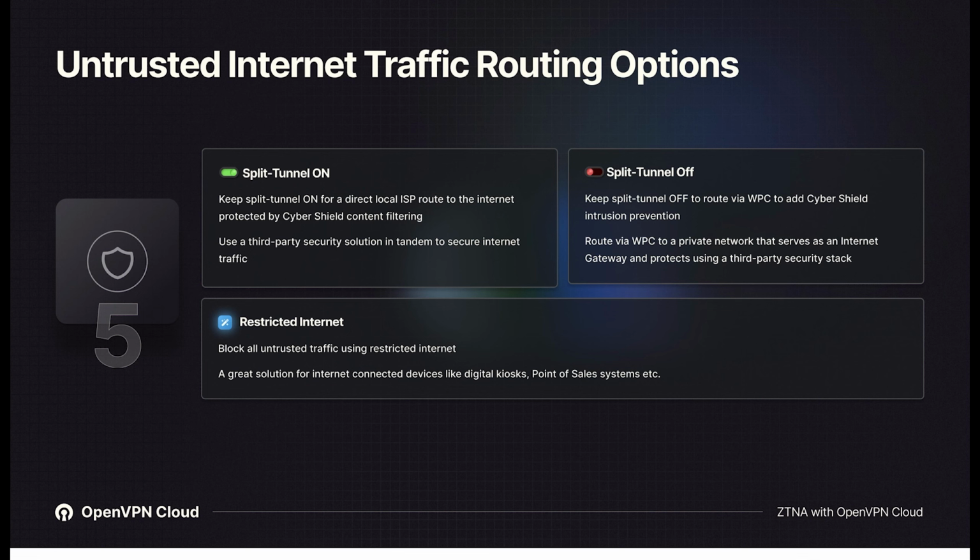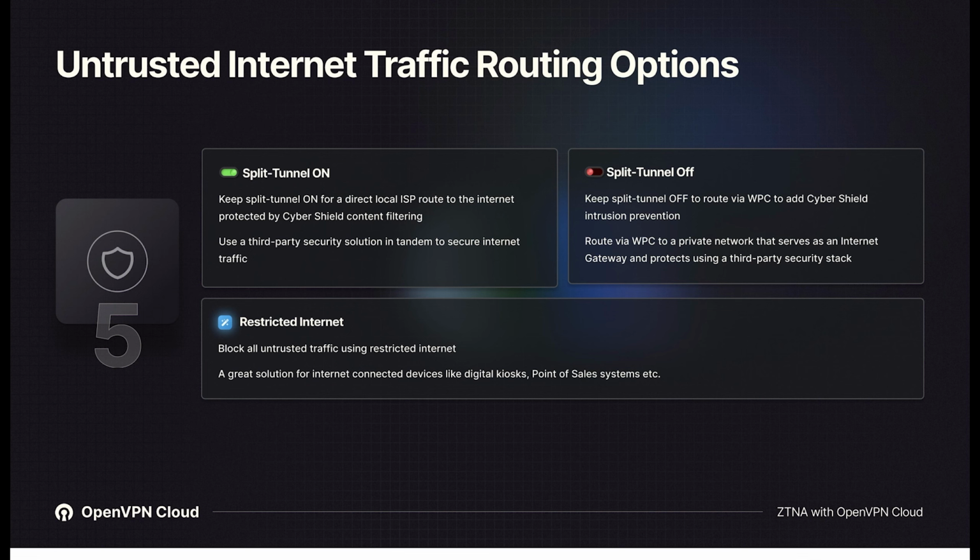With split tunnel on, you can also expand security features, such as working in tandem with other security providers. I'm going to talk about that a little bit on the next slide. So as an example, you can send all private applications and some other low-risk internet apps through your OpenVPN Cloud, and all other high-risk internet traffic through a third-party cybersecurity provider like Zscaler.